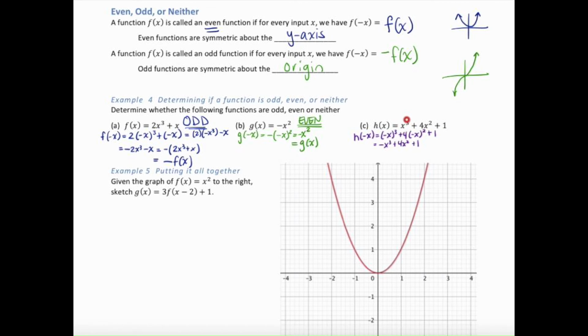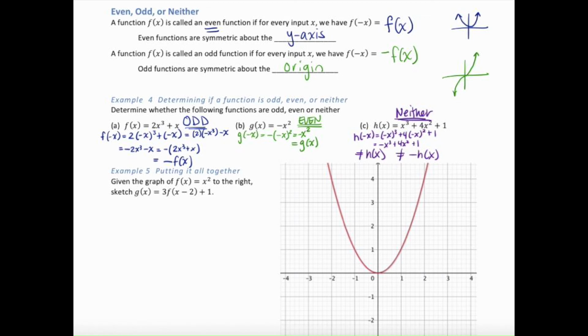This x cubed started off positive, and now it's negative. This 4x squared started off positive, and it stayed positive. Same with this plus 1. So not every sign changed. We cannot rewrite this. This does not equal h of x, and this does not equal negative h of x. So this is neither even nor odd.